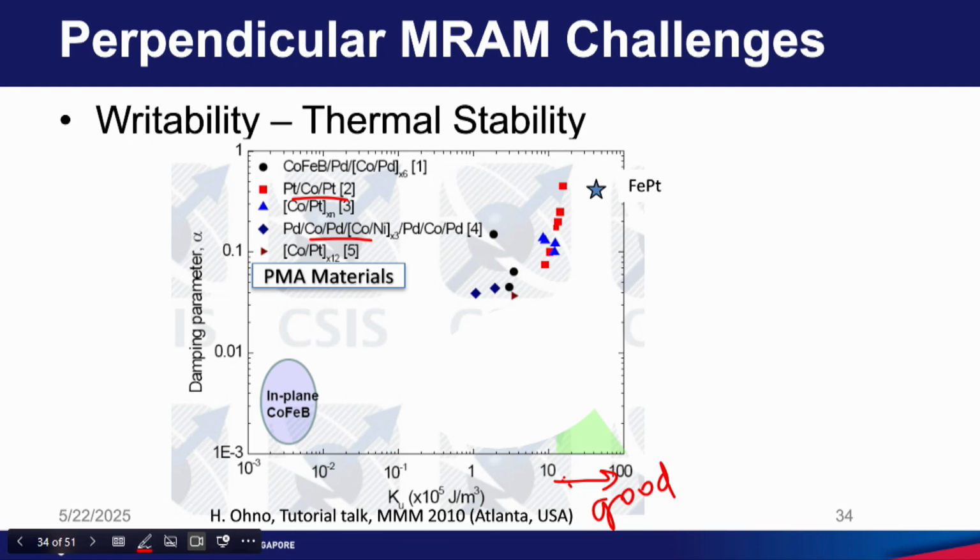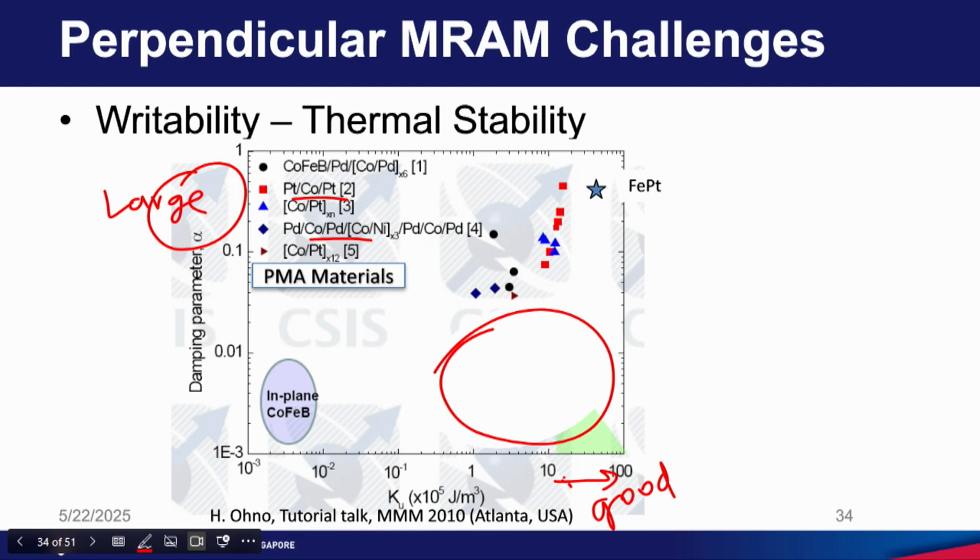But all these large anisotropy material also have large damping constant, which is not good. Okay. So you want to have large anisotropy, but small damping constant. So somewhere here in this circle. So until 2010, we didn't have any material with large anisotropy but small damping constant.